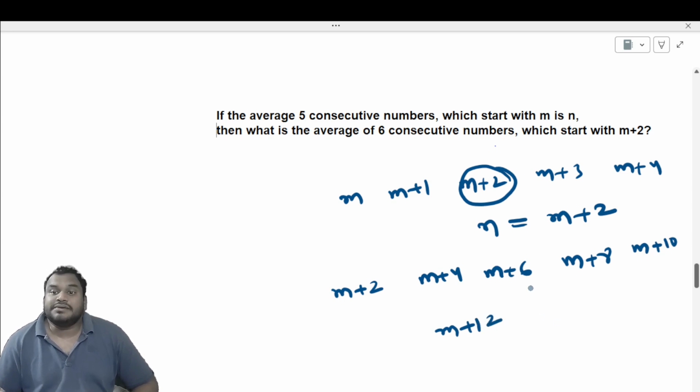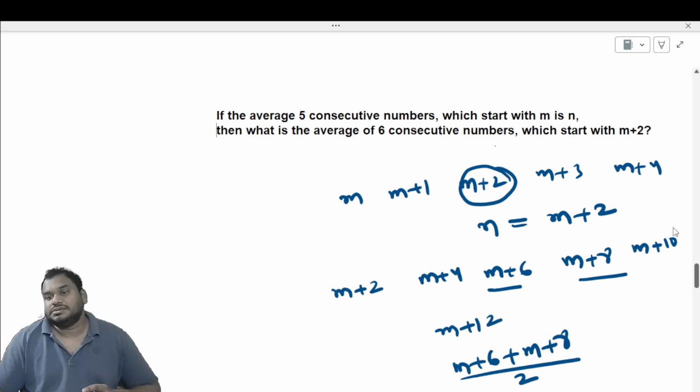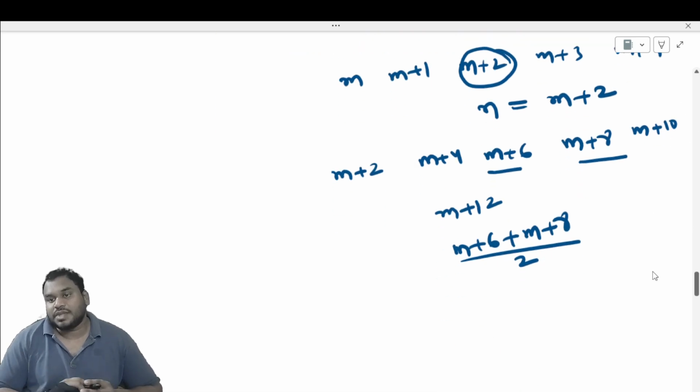So what would be their average? The average will be m plus 4 plus m plus 5 divided by 2. But you know, from this m is equal to n minus 2.